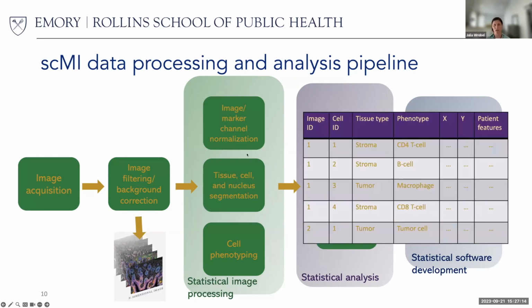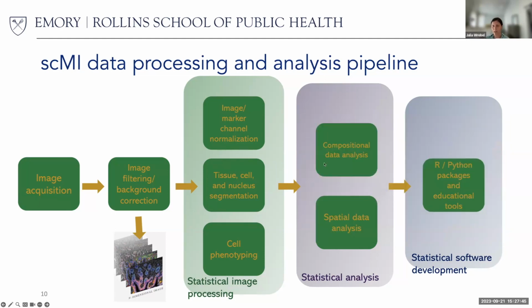Then after normalization, segmentation, and cell phenotyping, you end up with this nice table, basically a tabular data set like you could analyze easily in R, where each row is a cell, and you have features of the cell like marker intensity values for each of the markers, phenotype, which is the cell type label, what area of the tissue it's in, tumor or stroma area, and you also have XY coordinates, which is the spatial location of that particular cell.